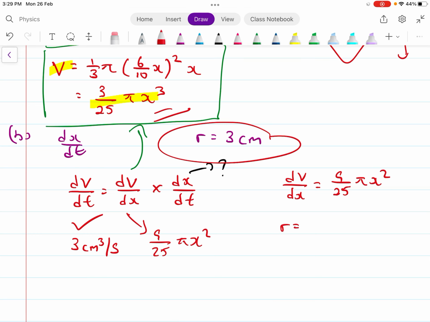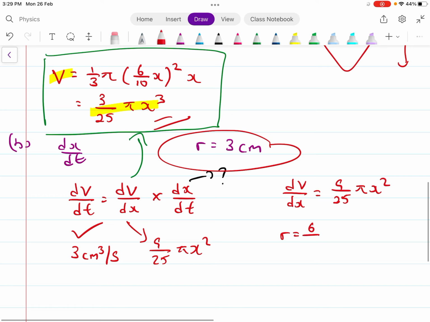Radius is 3, so 3 equals 6 over 10 x. Because all my expression is in terms of x, I need to determine my x value. I just use 3 divided by 6 over 10, which gives 5. So my x is 5.